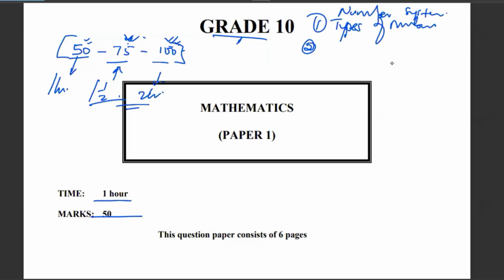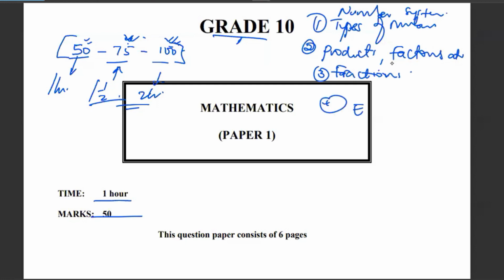Then 2, we know that there is algebra, but this algebra is broken down into products, factorization, and fractions that involve factorization. We can have equations, different types of equations, from linear, simultaneous, exponential, all those things.